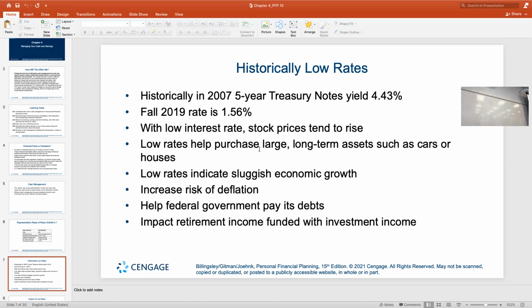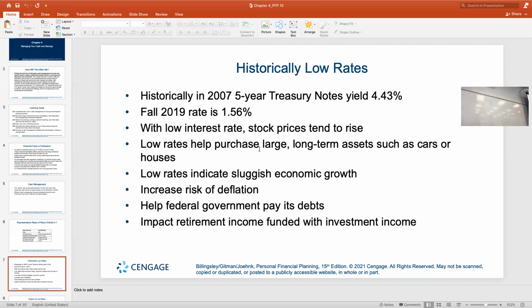So how do interest rates affect the housing market? Yeah, when interest rates are lower, it's a lot cheaper. Your mortgage payment's going to be cheaper, so you can buy more. And so when rates are lower, it pushes prices up.